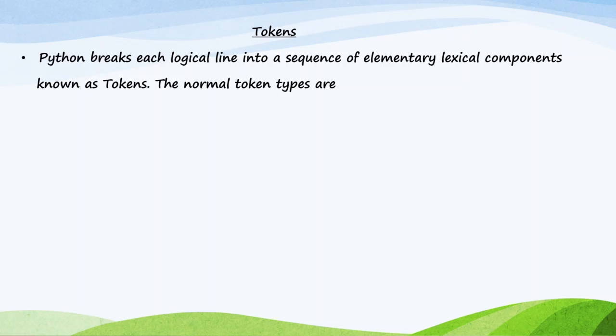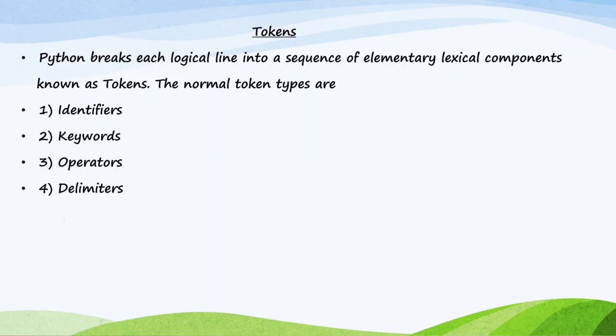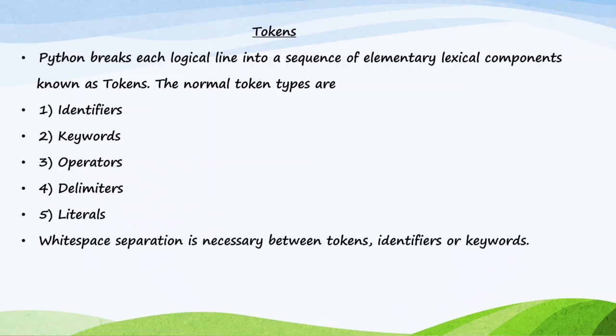Normally, the tokens are of different types like identifiers, keywords, operators, delimiters, literals, and white space is used for separation between tokens, identifiers, and keywords. So, what are tokens?